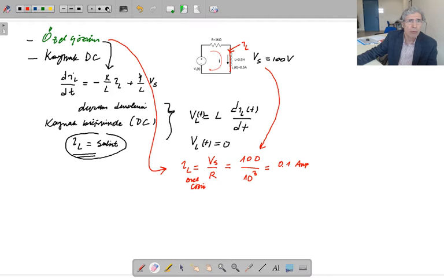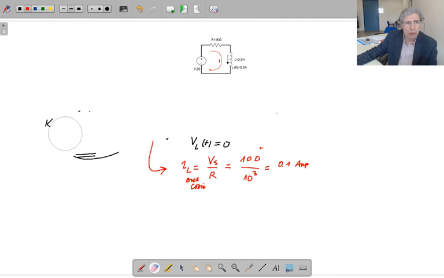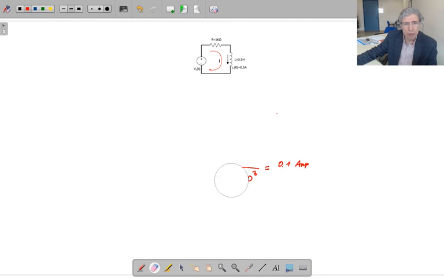This is the circuit given to us. It is a first order circuit which has an R element and an L element connected in series. So the mathematical model for this circuit is this, we know that.